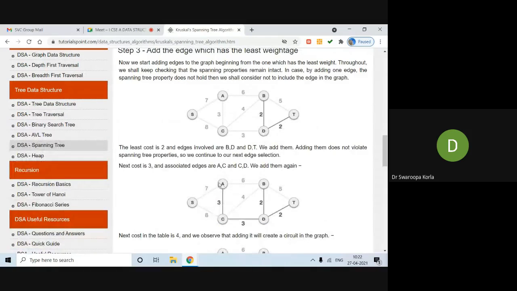So you need to check if adding A to C forms any circular loop. No, it is not forming any circular loop. So what should I do? I can add. So now my graph has B to D, D to T, and A to C.